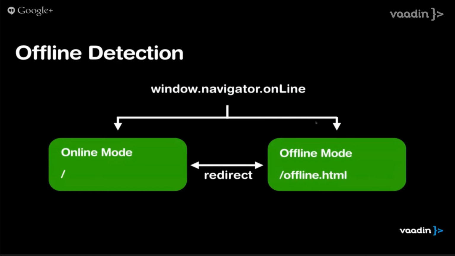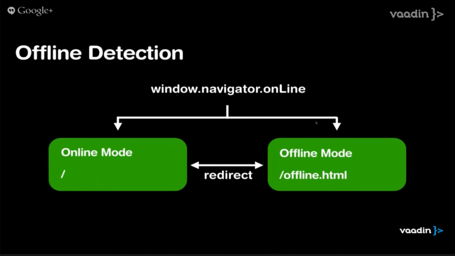So the next thing would be how to detect offline. And this is actually pretty simple in web browsers. There is an online property on the window navigator, and it just says true or false, depending on whether we are online or offline. And you can also listen for changes on this status.